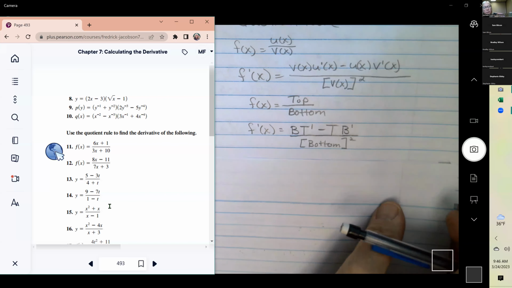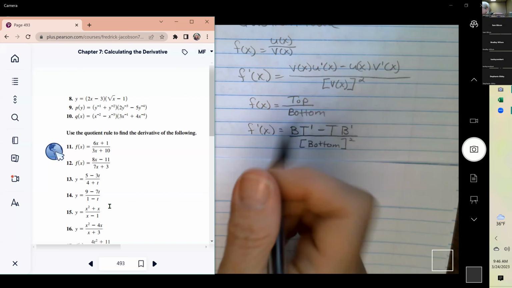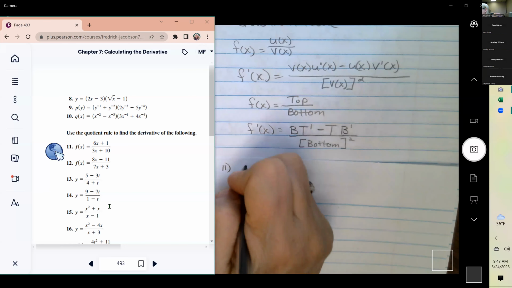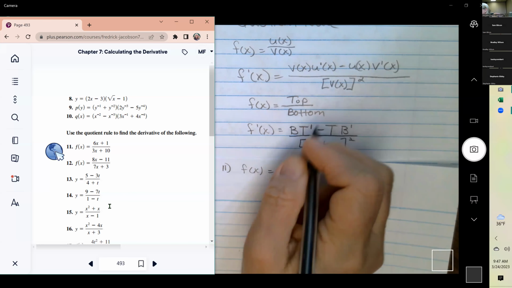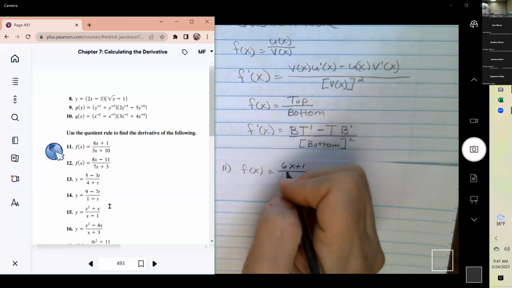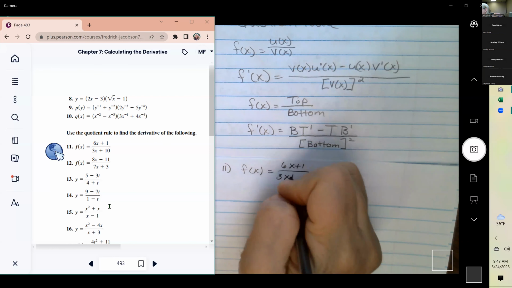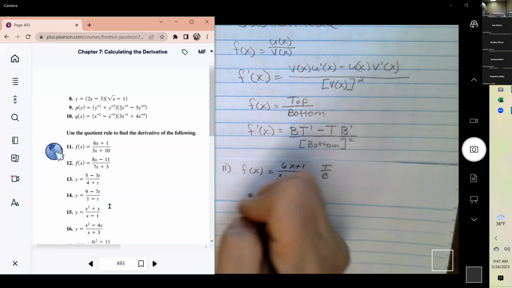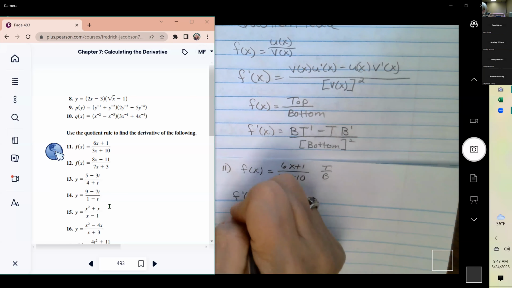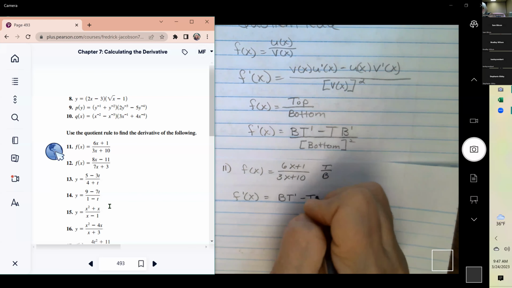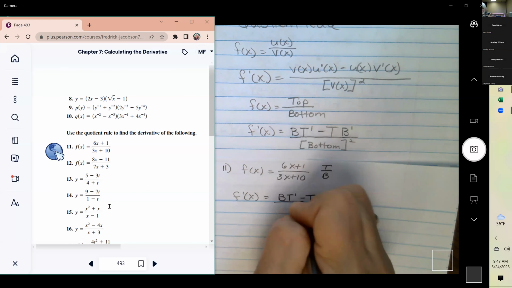Let's try number 11. Bottom times the derivative of the top minus the top times the derivative of the bottom all over bottom squared.